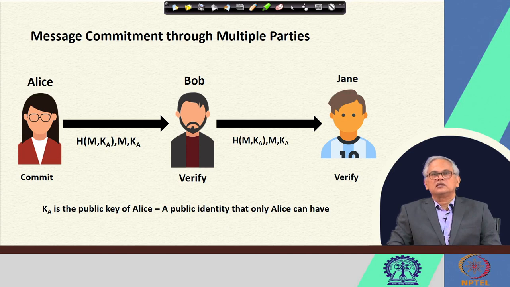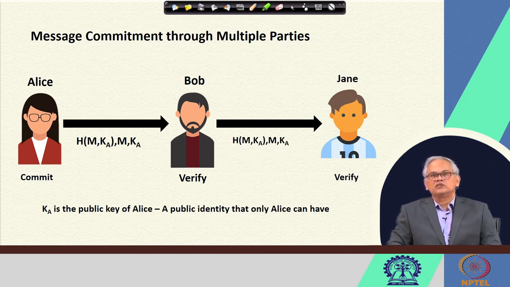So, what is done is that the message m and the public key of Alice, that is K_A, along with the hash of the message m and public key of Alice K_A, are all passed on to Bob, and Bob can easily verify whether this was indeed the message that was stored.